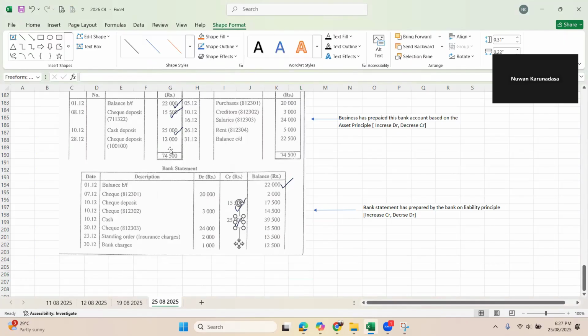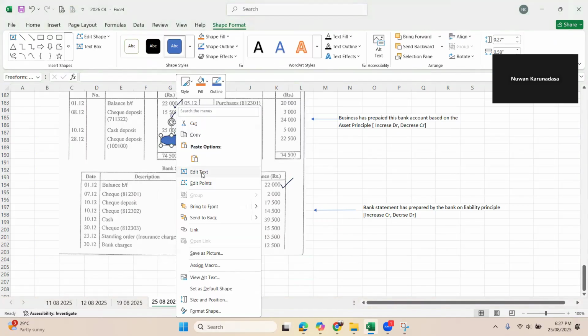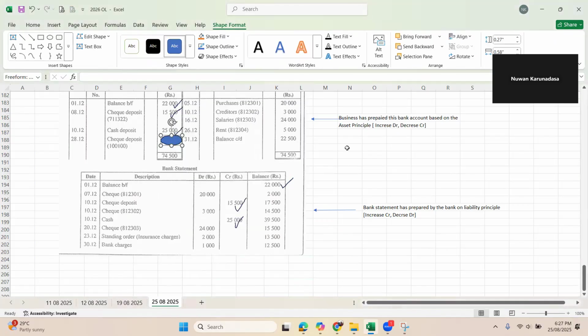But you can see there is a check deposit on 28th of December, 12,000, which is not appearing. This is one of the reasons for the difference between the balance as per the cash book and the balance as per the bank statement. Very important.